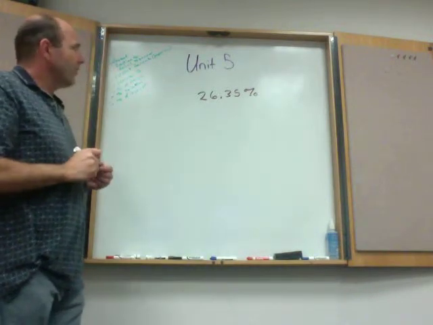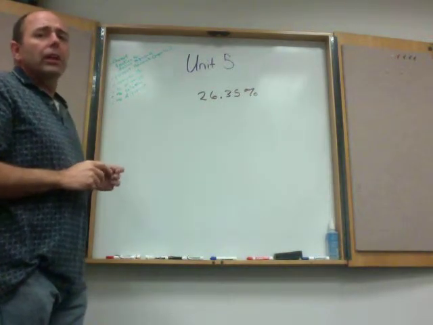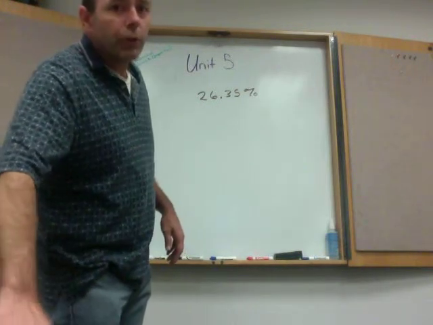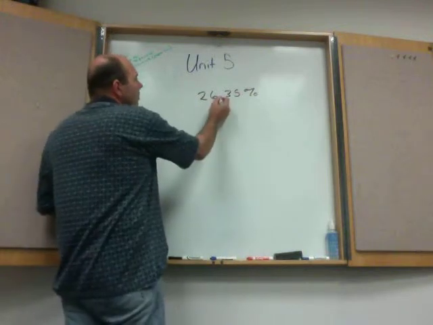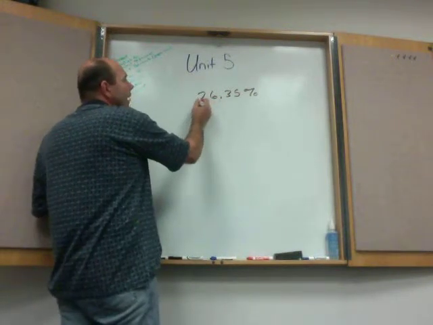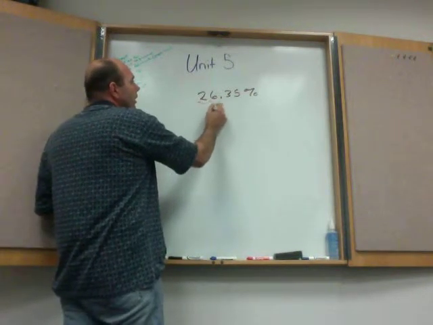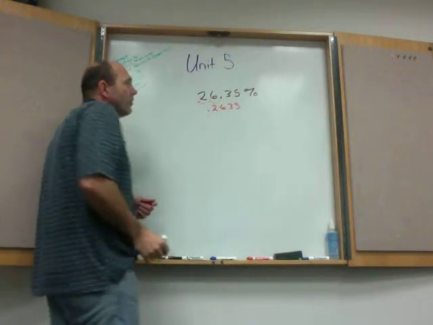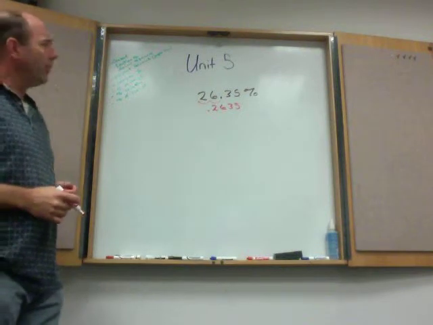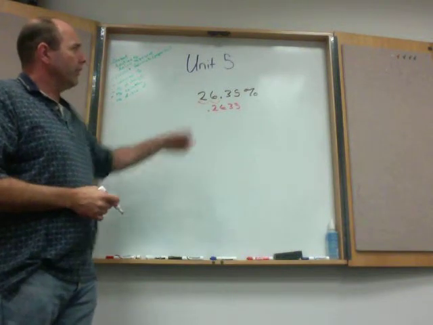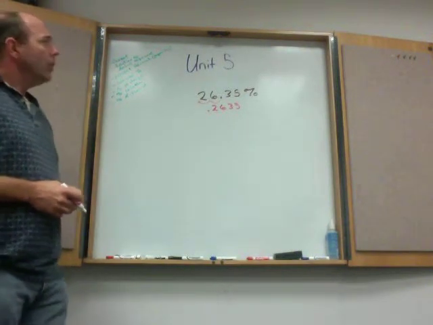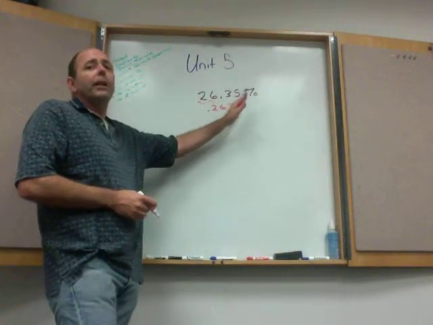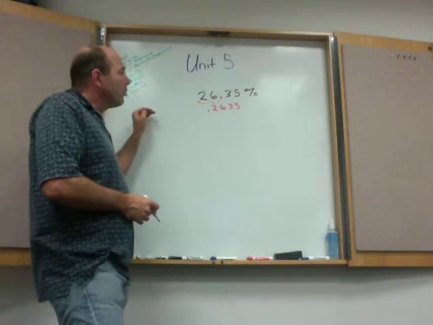First of all, it's quite simple to convert it into a decimal number because all I have to do is go in the opposite direction that I did the first time. So I'll move it to the left 2 spaces, which would give me 0.263 or 2,635 10,000th. So just remember, when you're making it into a percent, move your decimal to the right. If you make it into a decimal, you move your decimal to the left.